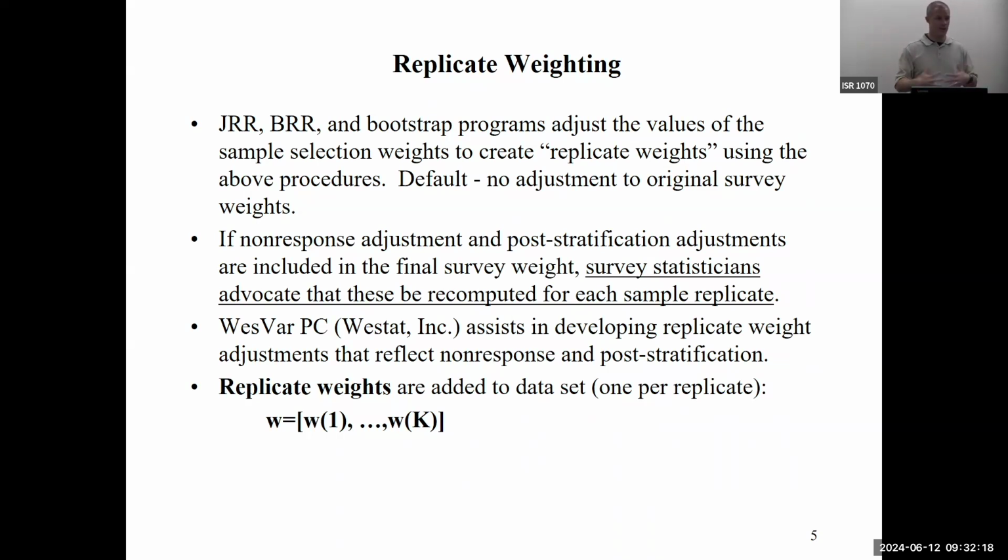So these are things to think about when deciding what information about the sample design you're going to be giving to the public. So that being said, seeing replicate weights in the data set should never be scary at this point. They have a very specific reason to be included, variance estimation. They should never be intimidating.